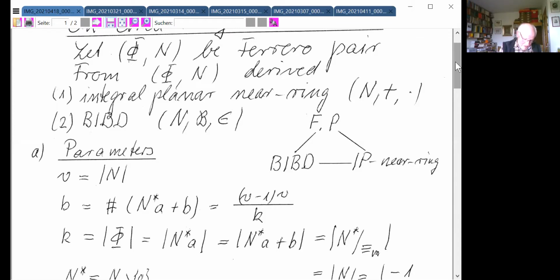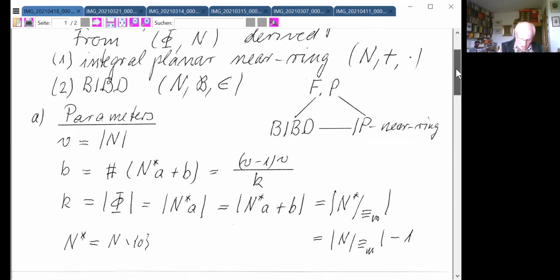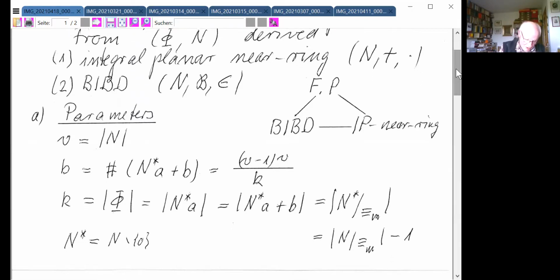Now, what are the parameters of the balanced incomplete block design which we obtain? We have a certain liberty in constructing the IP near-ring, because we have a liberty to choose representative elements in the orbits.